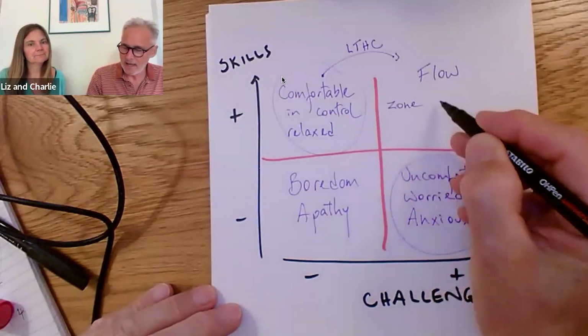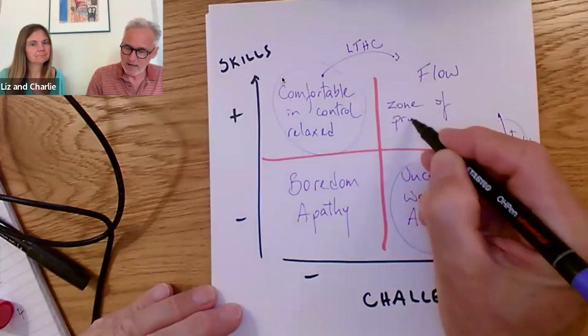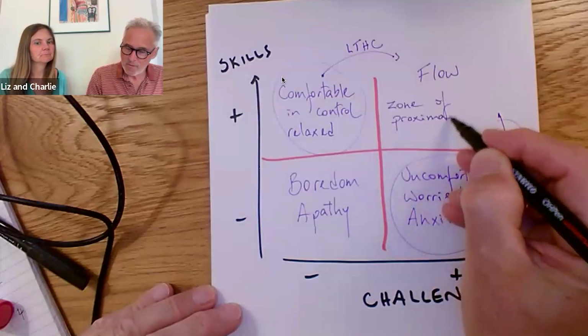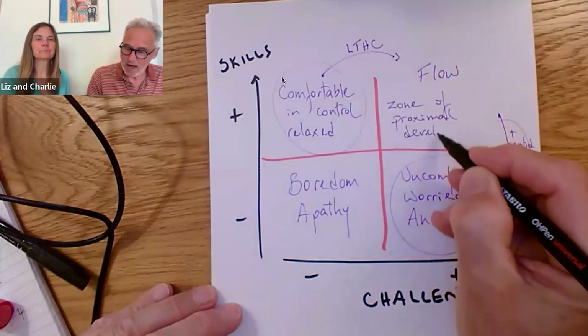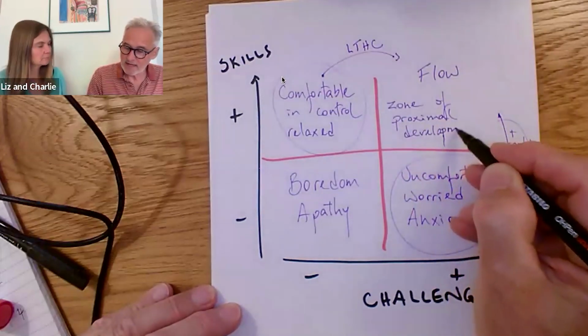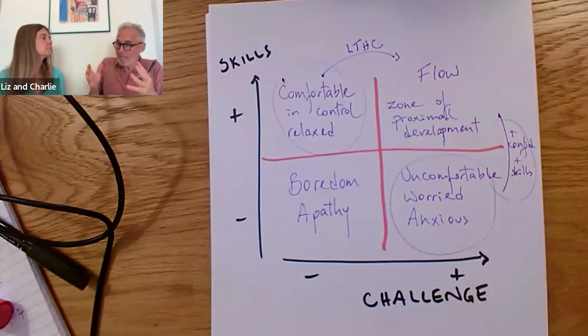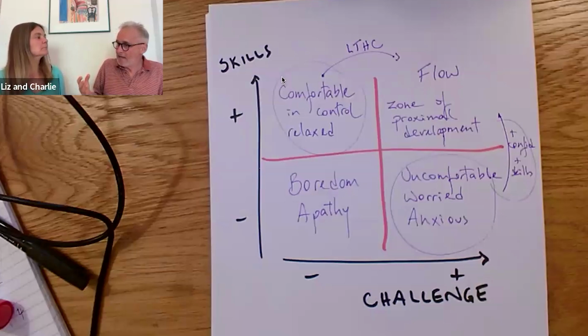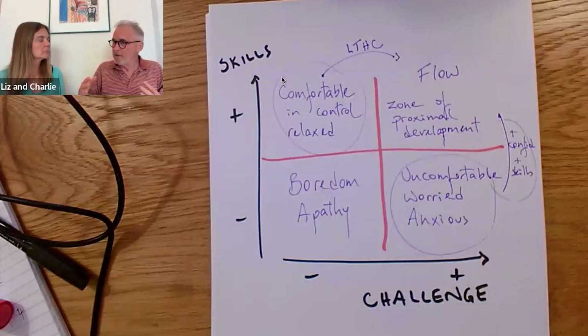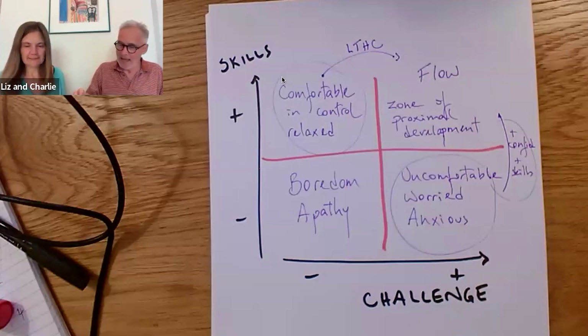It comes in here. So you are responding to new challenges, and they are commensurate with the kind of skills that you have. And it's not immediately obvious what you're going to do, but you feel that it is within your grasp.